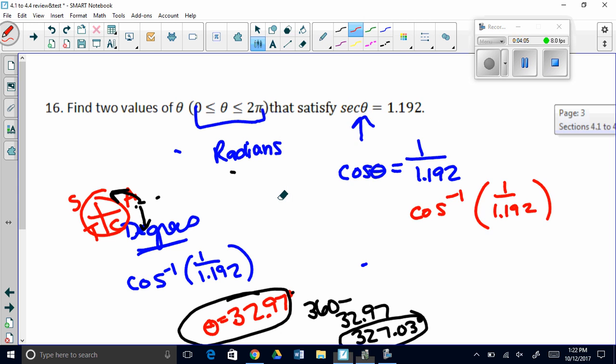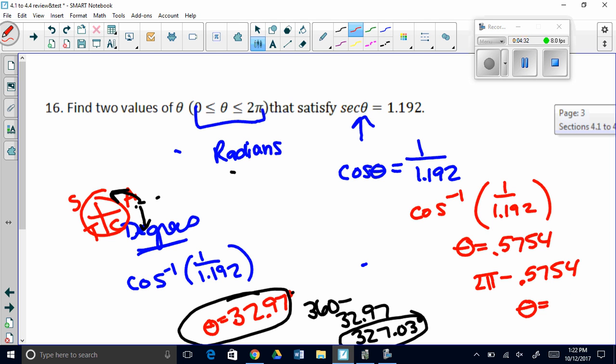And you get the radians equals 0.5754. So theta equals 0.5754. So that's the one answer, but remember it's also in the other quadrant, so you have to do 2 pi minus that. So if you use your calculator and do that, you get approximately 5.7.